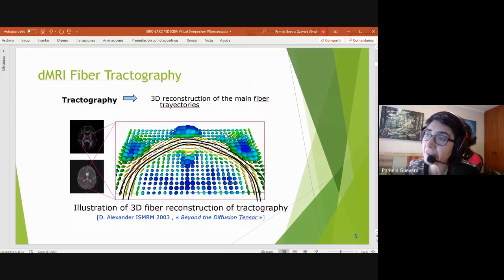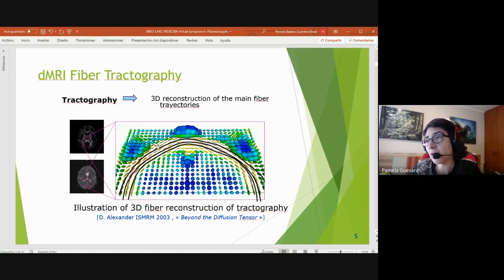For example, here in a slide, you can see that the diffusion tensor model can be seen as an ellipsoid, and you see that in regions where you have water, or I don't know, in the cortex also, the diffusion is isotropic, because the motion of the water molecules is the same in all directions.